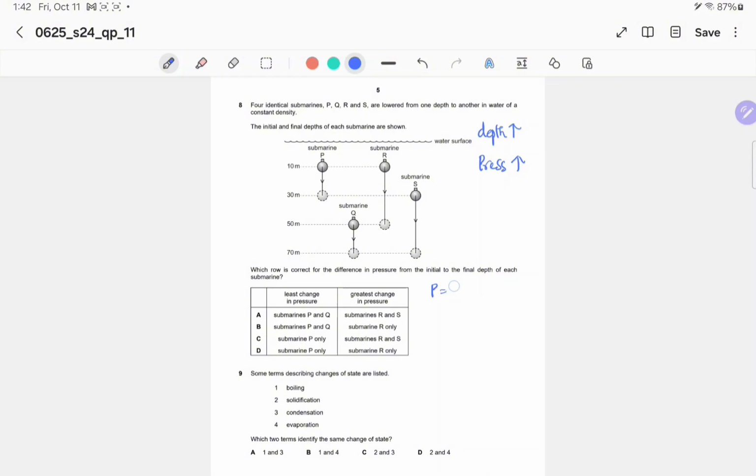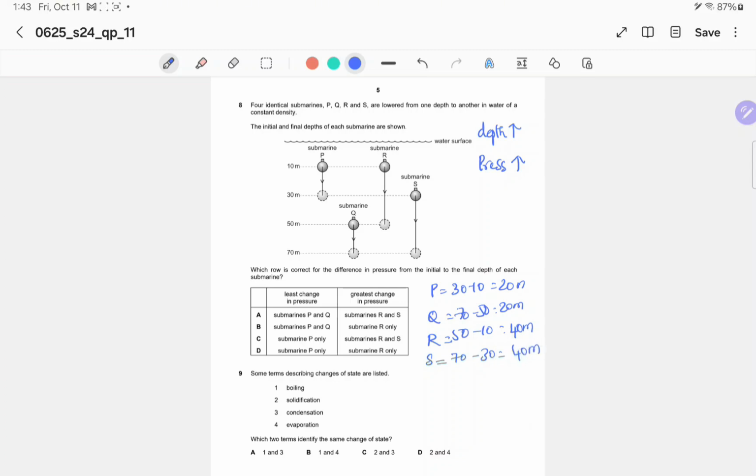For P the depth change is 30 minus 10, which is 20 meters. For Q it is 70 minus 50, which is 20 meters. For R it is 50 minus 10, which is 40 meters. And for S it is from 70 to 30, which is 40 meters.